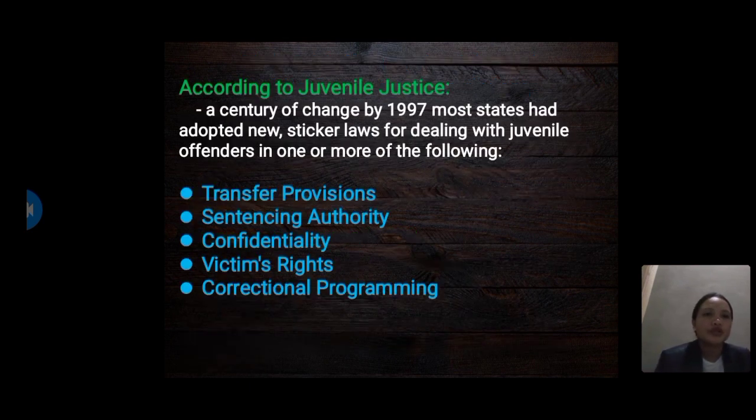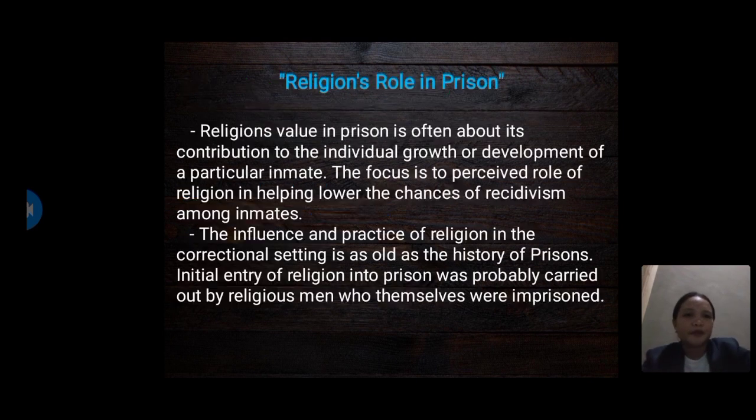According to Juvenile Justice: A Century of Change, by 1997 most states had adopted new, stricter laws for dealing with juvenile offenders in one or more of the following areas: transfer provisions, sentencing authority, confidentiality, victims' rights, and correctional programming.